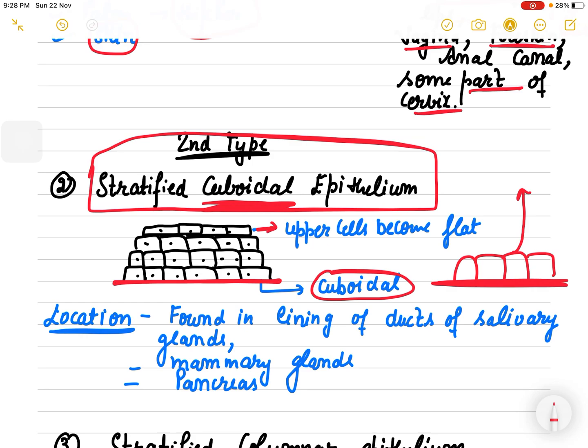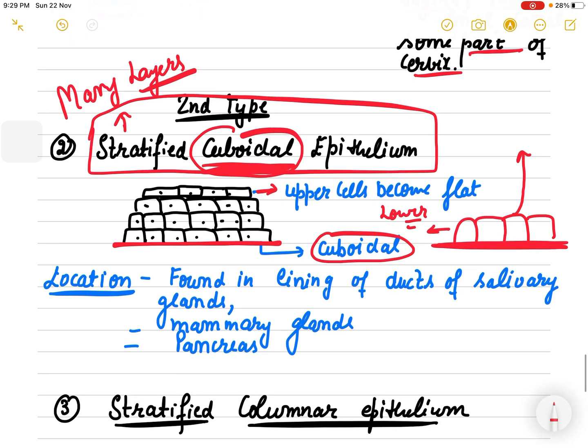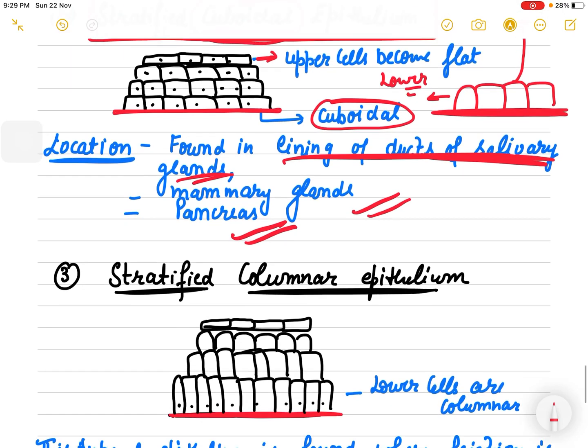Stratified, because they are present in many layers. Where will you find these? They are generally found in the lining of ducts of salivary glands, mammary glands, pancreatic ducts. There you will find the cuboidal epithelium.